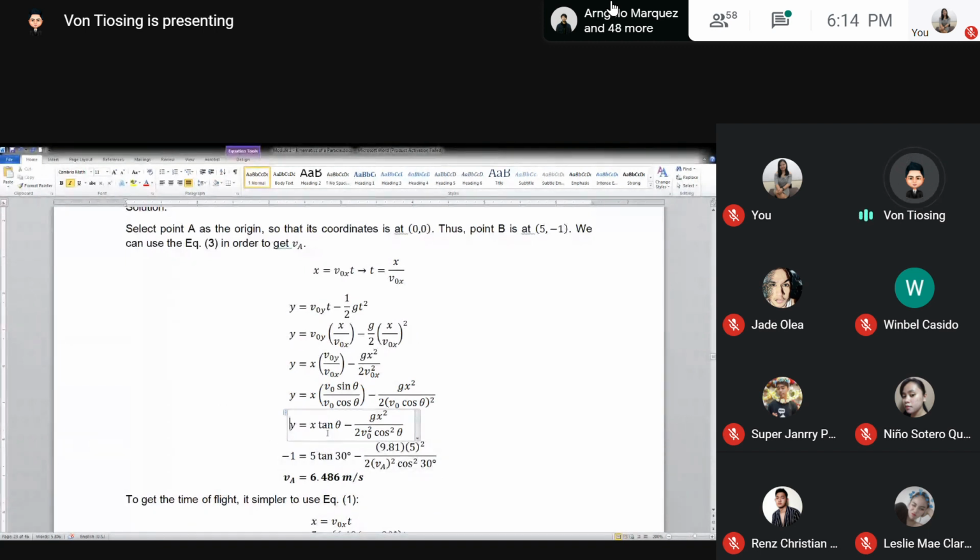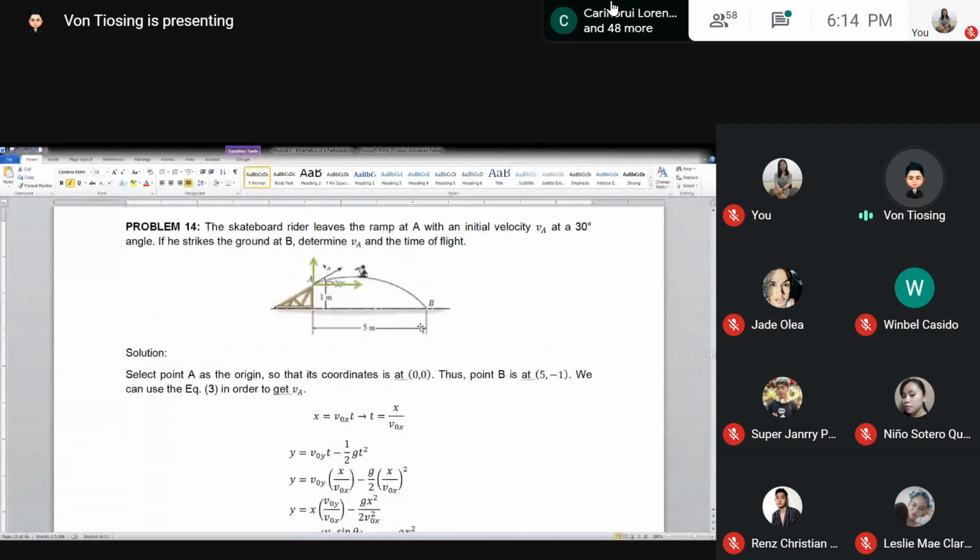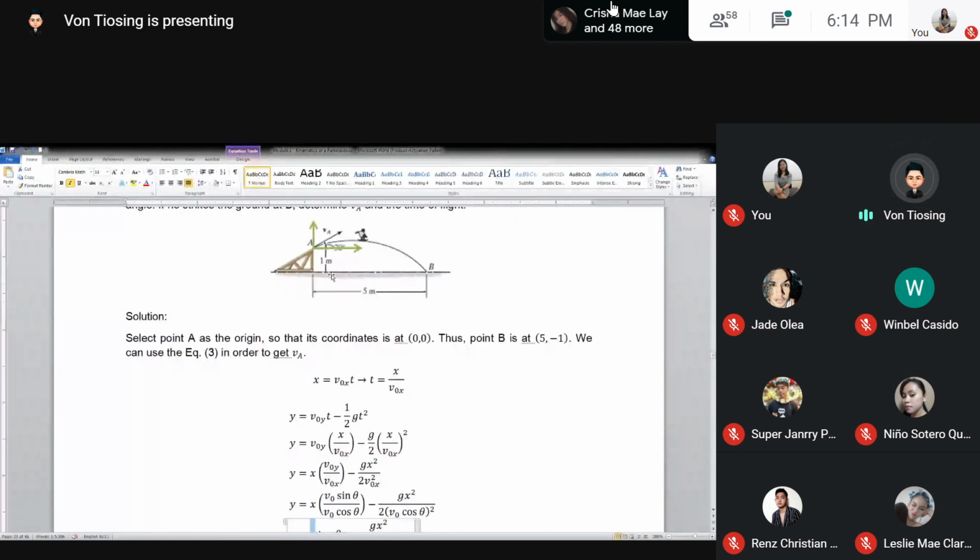Okay? So, substitute mo lang lahat ng kailangan mo na values. Then, yun. y is equal to negative 1. x is 5. Hindi naman pwedeng negative yung x mo, no? Unless yung axis mo, yung motion mo is papunta sa kaliwa. Actually, kung nasan yung direction ng projectile, dun mo tinuturo yung path direction ng x, no?